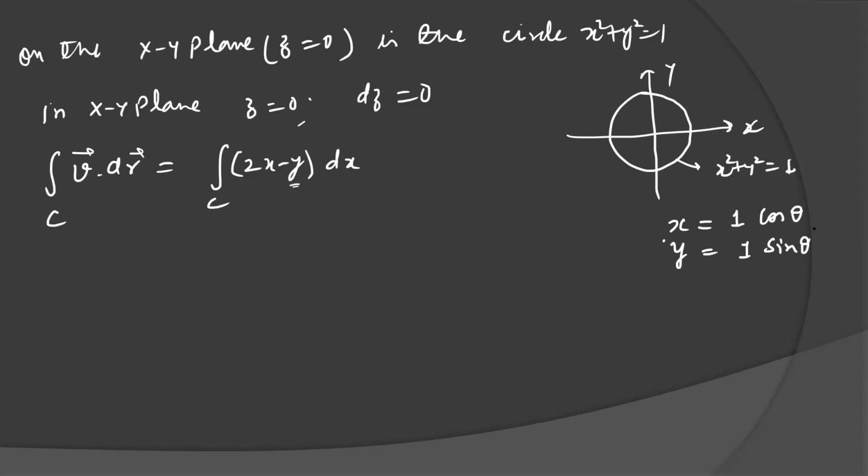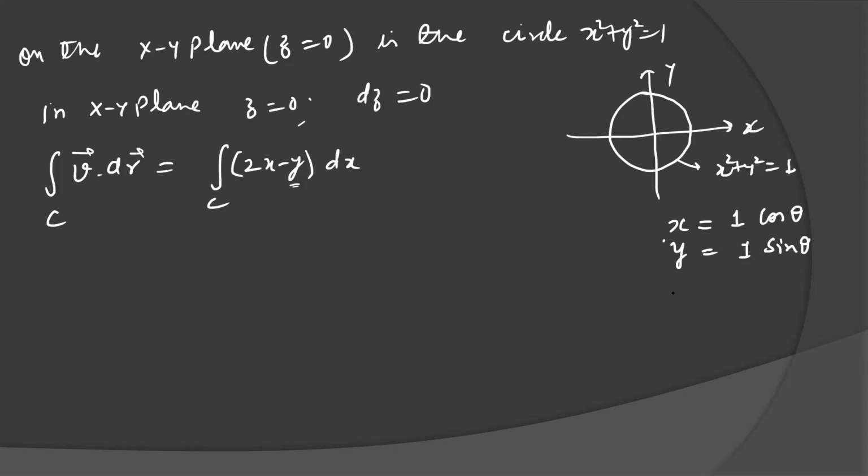Sometimes we put x equal to r cos theta and y equal to r sin theta. I told in my lectures, if you are putting x equal to r cos theta, y equal to r sin theta, it means r and theta both are variables and you are dealing with double integration. But if you are dealing with single integration, then r will be fixed.